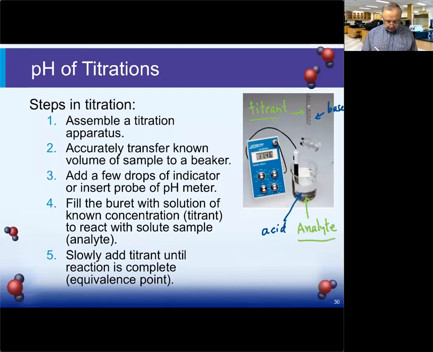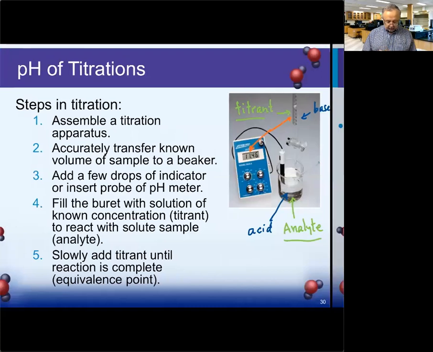So there are two readings that are important. You need to read the burette and you need to read the pH meter. That way we can plot the volume of the titrant added with respect to pH. Then we get what is called a titration curve.